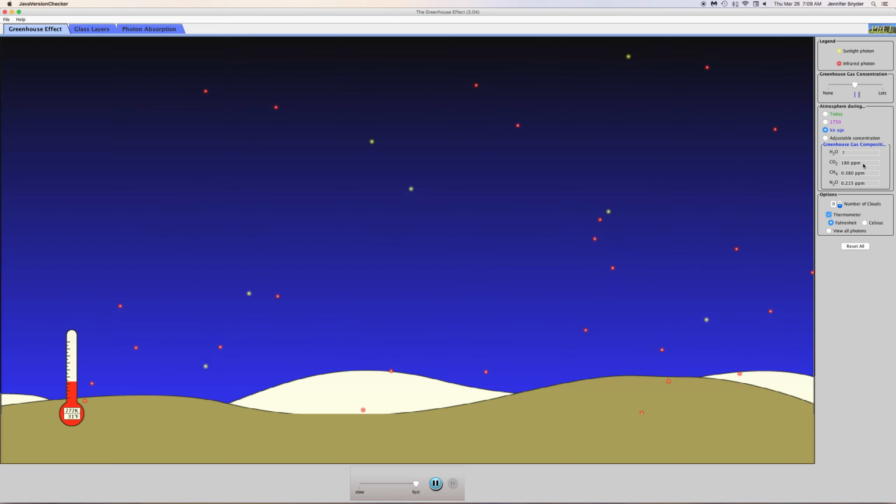The methane is 0.38 parts per million. And the gas called nitrous oxide, N2O, is 0.215 parts per million. And looking at the average temperature in the Ice Age, we're at about 31, 32 degrees Fahrenheit. Let's see if I can add any clouds. No, it won't really let me keep any clouds up there for long.